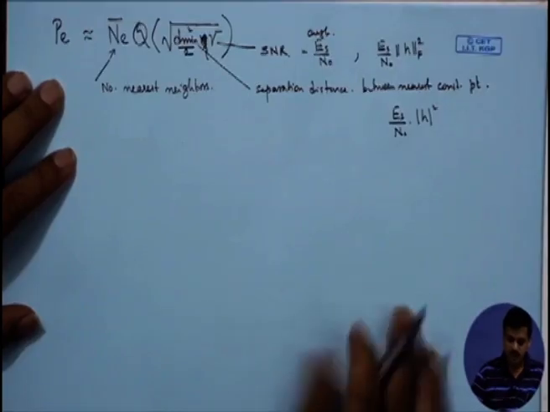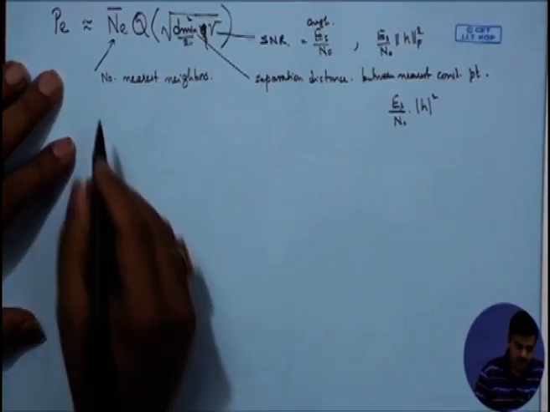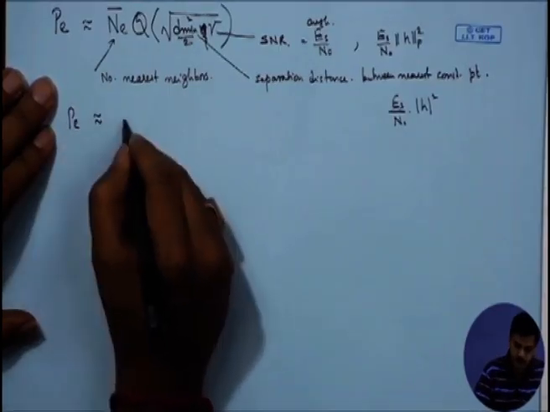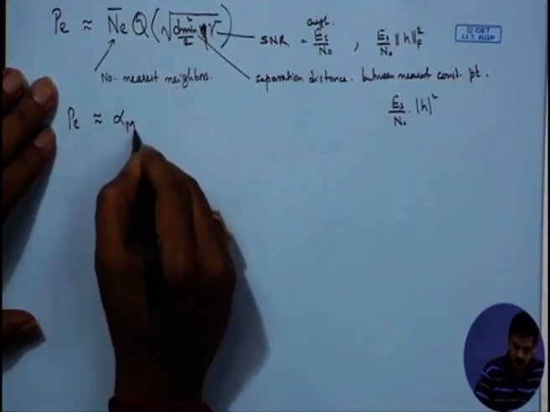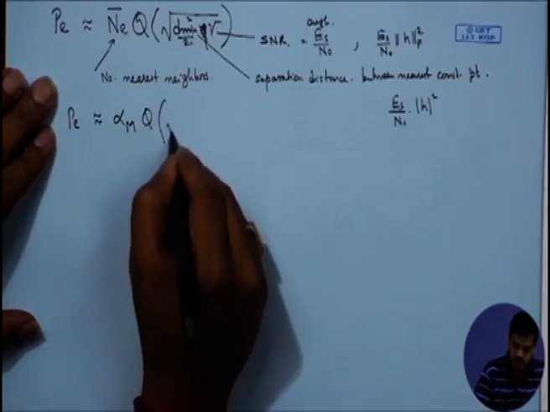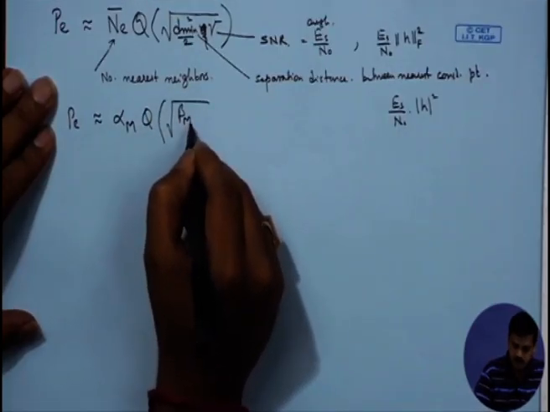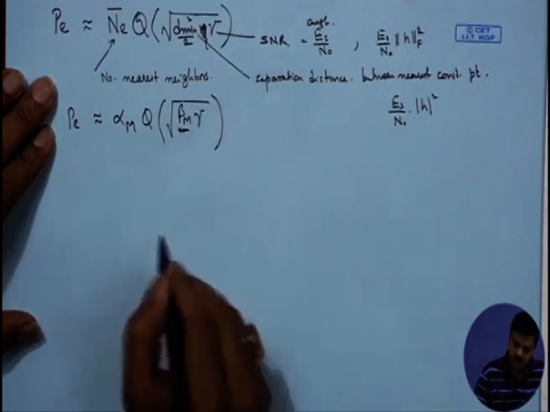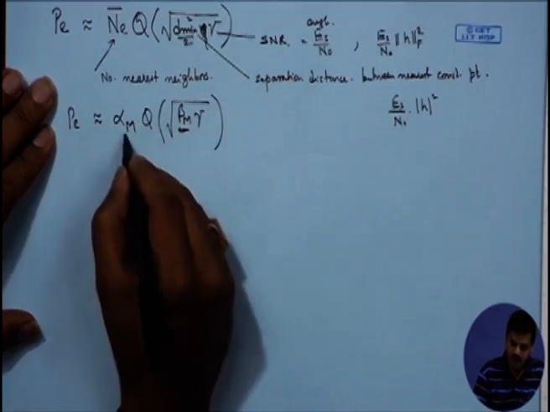This is what it is, and in some references, you will find the error probability P E is given as alpha m Q function of square root of beta m times gamma. This gamma is the same as SNR, and beta m and alpha m are coefficients.